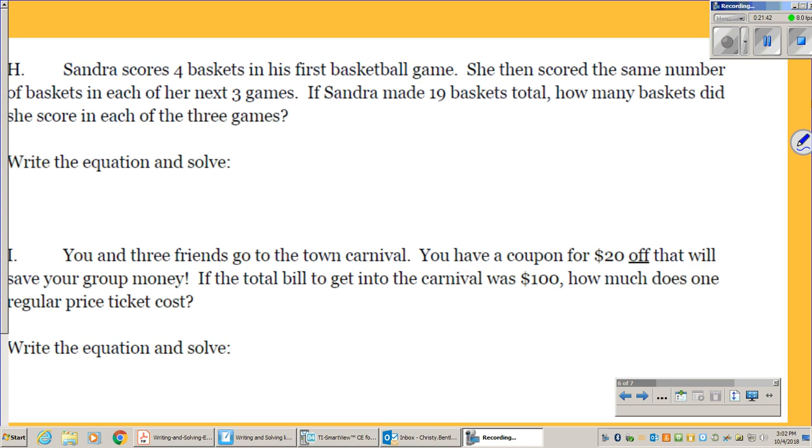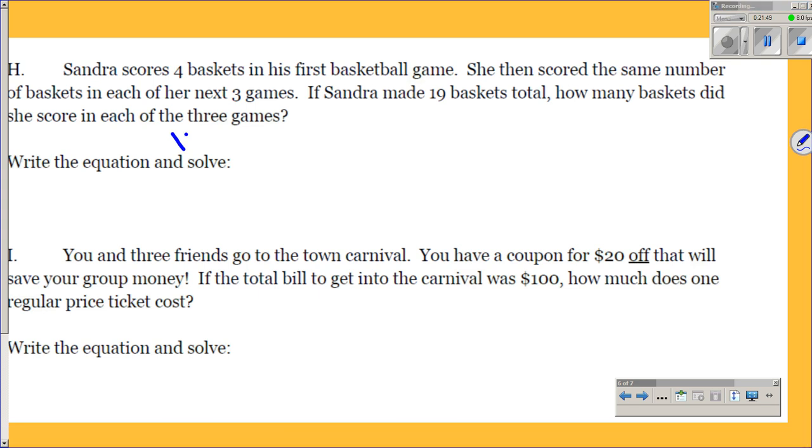So we're looking for the number of baskets that she scored in the 3 games following her first game. So X is going to be points scored. Okay, Y is going to be the total baskets.